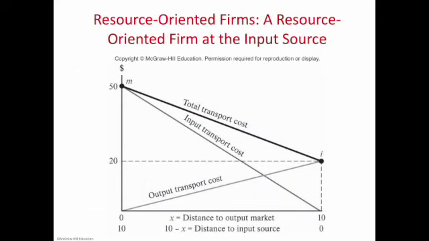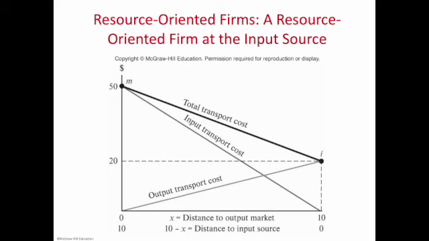Resource-oriented firms, a resource-oriented firm at the input source. A line graph plots input, output, and total transport costs of a resource-oriented firm at the input source. The horizontal axis shows X, ranging from 0 to 10. X equals distance to output market. 10 minus X equals distance to input source.